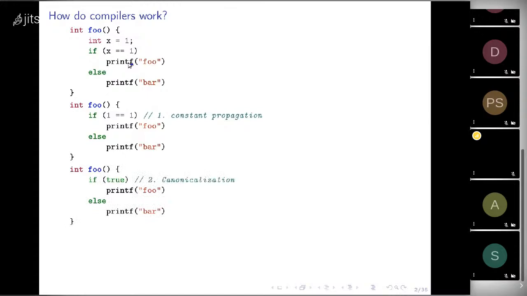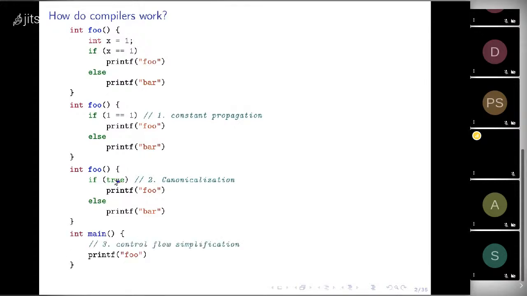Now the next thing we might do is to try to perform algebraic simplification, or canonicalization as it's also sometimes called. So we know from algebra that 1 equals 1 is always true. So essentially we can simplify this expression into this expression that we have here.